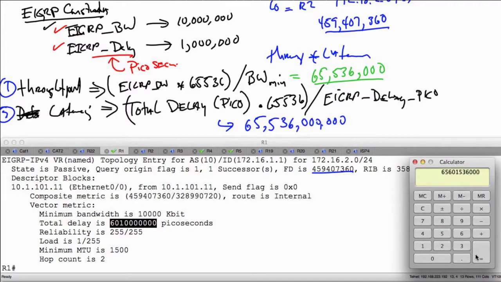My math is all hosed up. That number should have added up to my feasible distance, which it did not. So I need to find out what I did wrong.